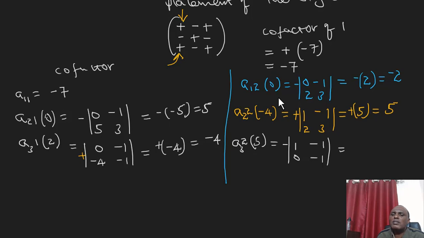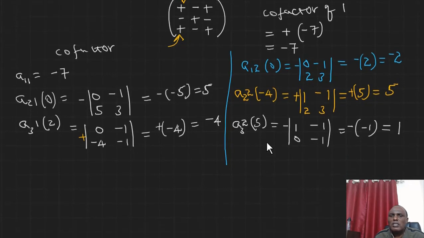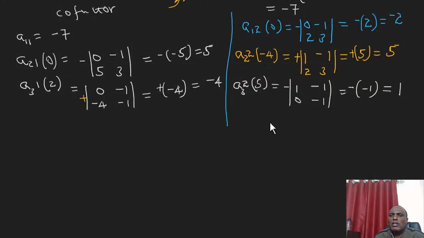Negative 1 minus 0 is negative 1. Then we place the sign, which is negative. However, the cofactor is simply 1. So we have finished the second column of our matrix to get the cofactors. Let us now go to the third column.